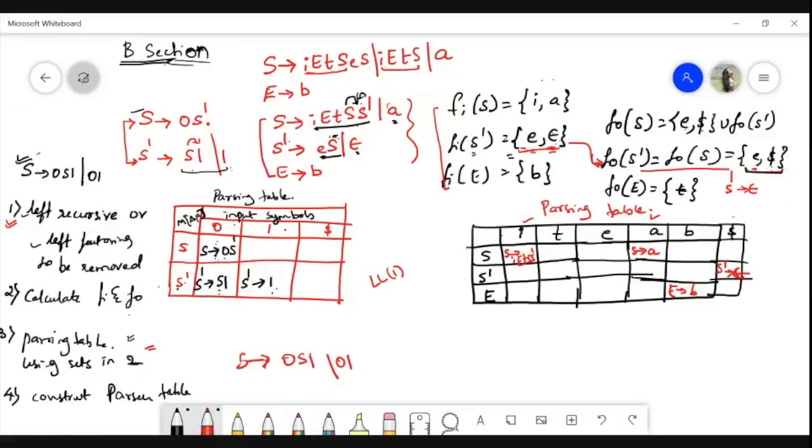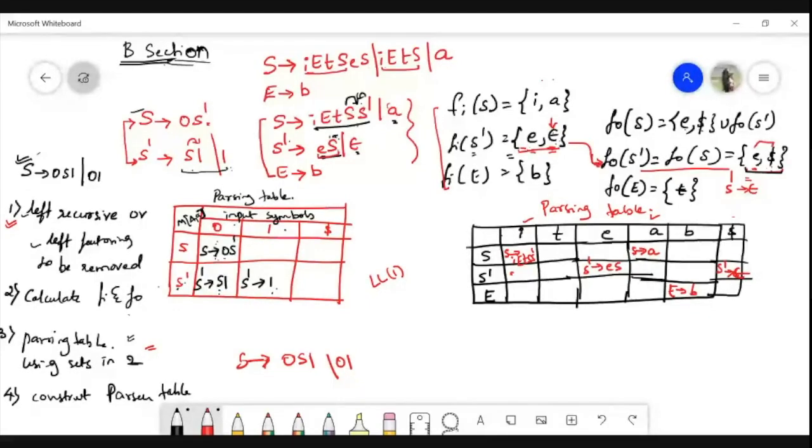So according to that, if I have epsilon in the S dash first set, for E I will write ES straight away, because the first of ES will get E at the leftmost side. So on E, S dash is giving ES straight away, but epsilon is there. So according to the algorithm, I have to consider the follow set for S dash. So you have E and dollar. What do you write under E and dollar?